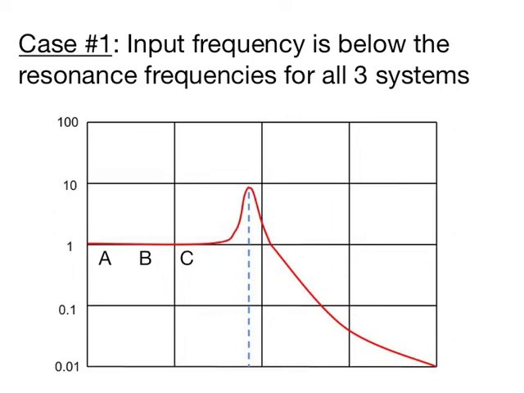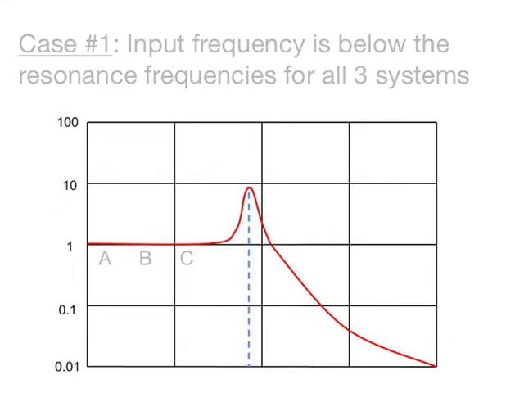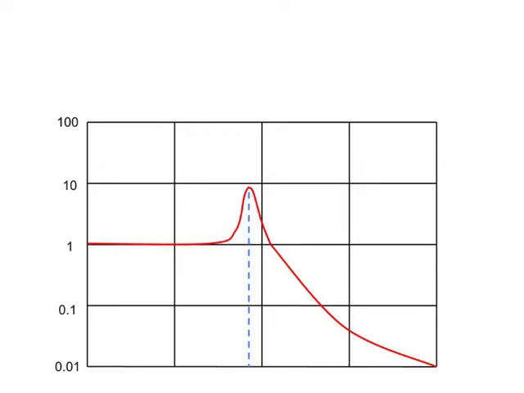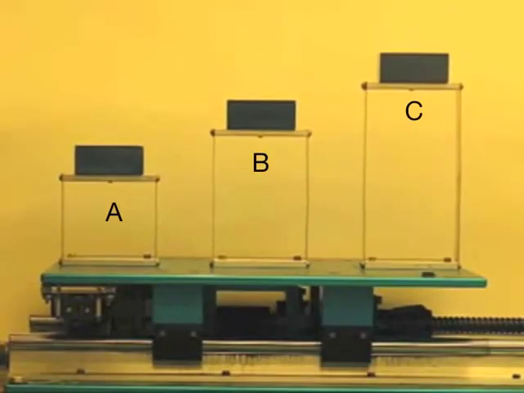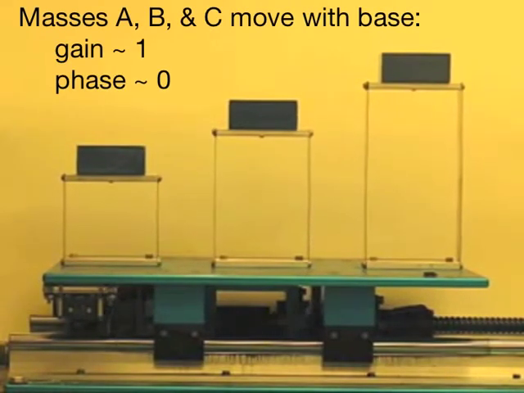So this is indicating that system A has its input frequency far away from system A's resonance, while the input frequency chosen is much closer to the resonance for system C. Let's now look at the experiment. We have masses A, B, and C, and you'll notice that they're moving along with the base. The DC gain is 1 here, and the motions are in phase.